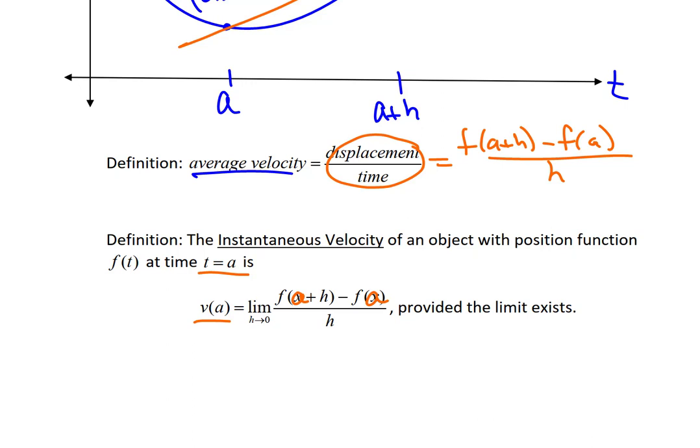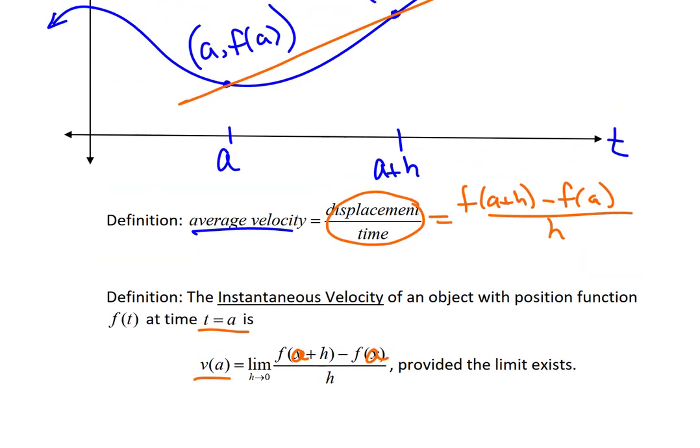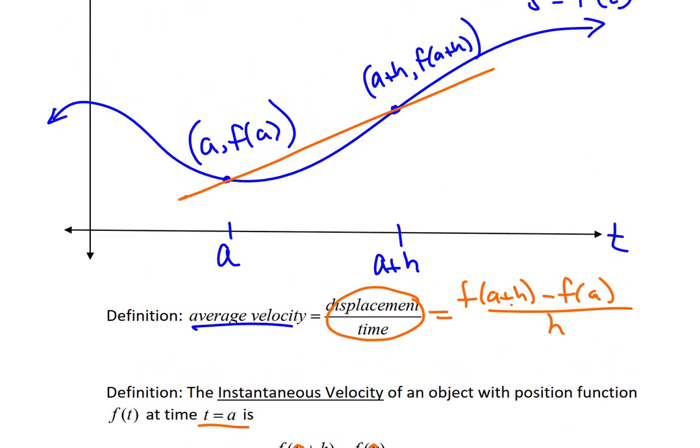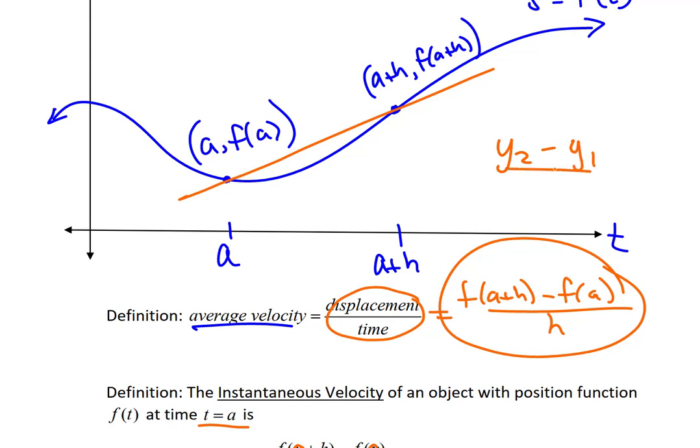Okay, and this limit is exactly what we just saw in two ways. First of all, immediately here above, we defined the slope of the secant line as this ratio, f of a plus h minus f of a all over h. That's just using, remember, y2 minus y1 over x2 minus x1. That's the slope formula. Okay, that's all that is.